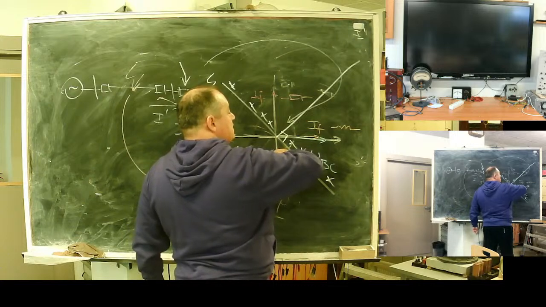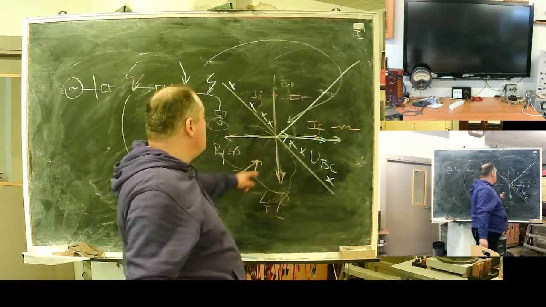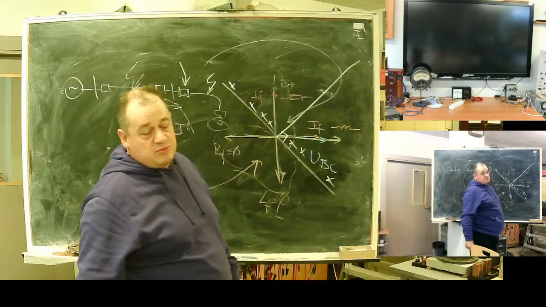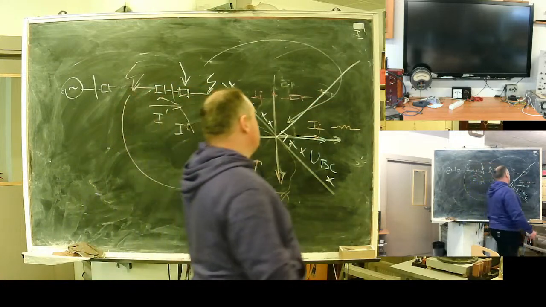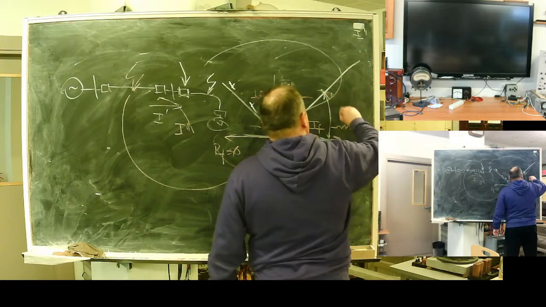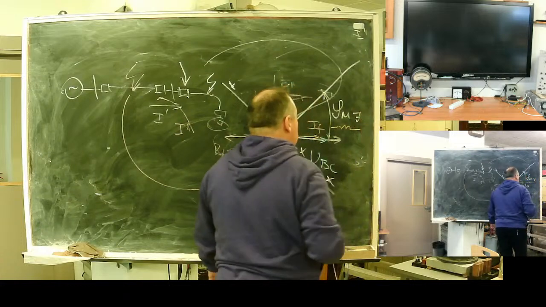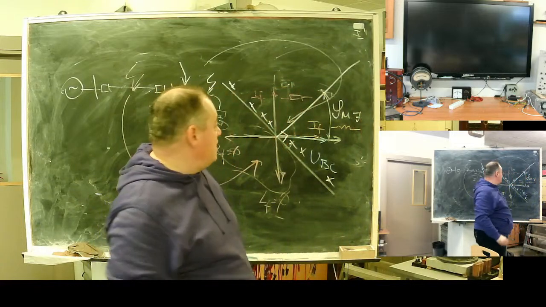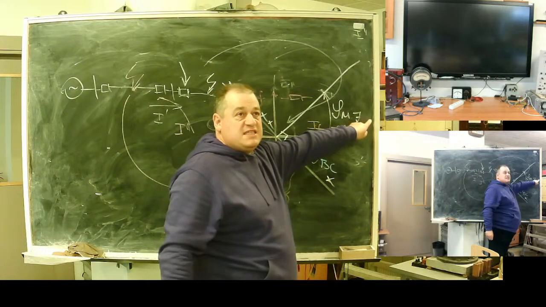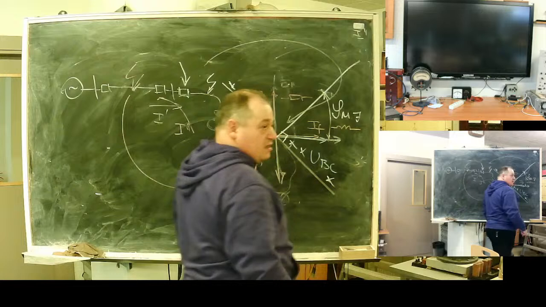Actually, in the terminology of polarized directional relays, this is called the vector of maximum sensitivity, and this angle is the angle of maximum sensitivity. This is the line of maximum sensitivity.